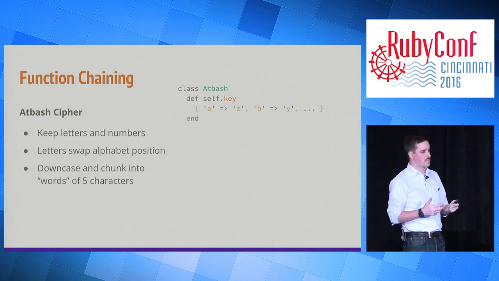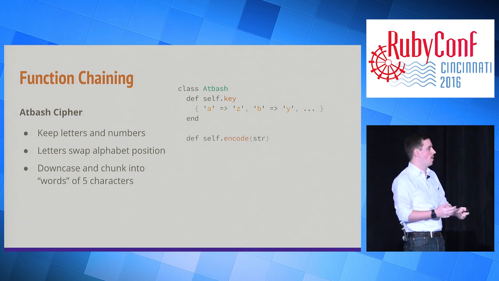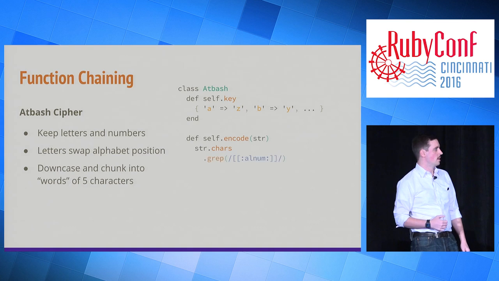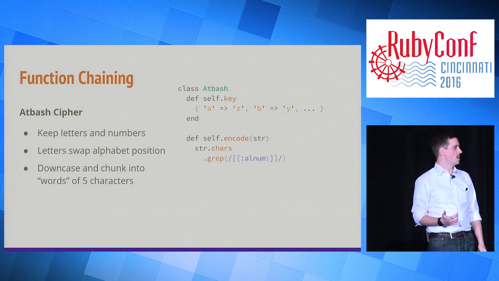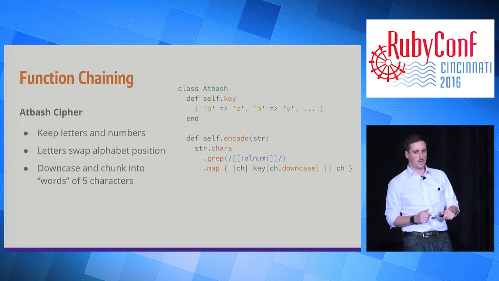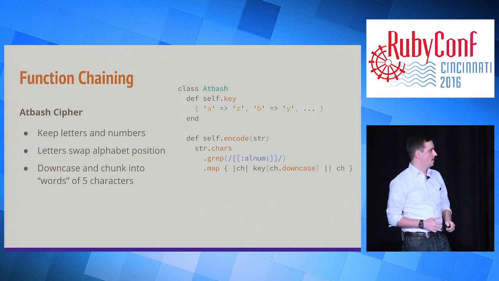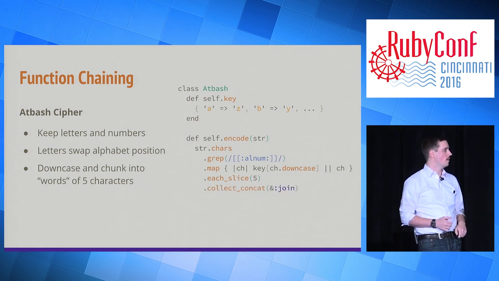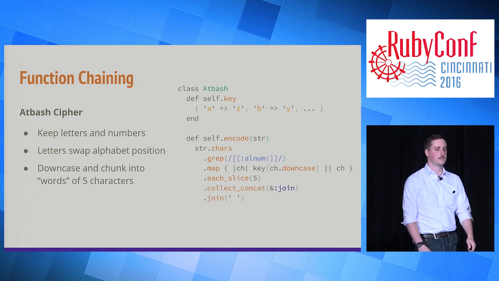If we've got our key that has the letters to swap, then if we want to encode a string, all we really need to do is grab the characters, keep the ones that are letters and numbers, send them through our key and make them lowercase, and then we grab 5 characters, make it into a word, and string those all together into a sentence.